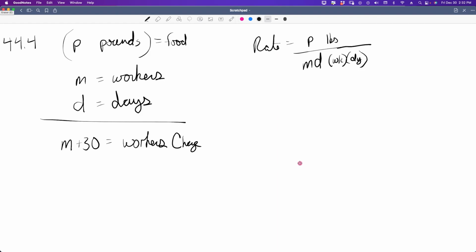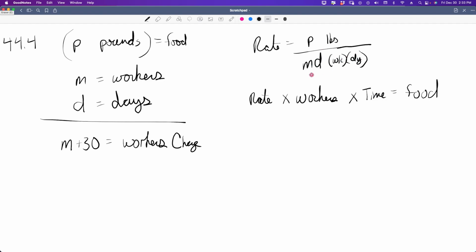So what would be our equation that we needed to use here? The rate of food that we have to have, times the number of workers, times the amount of time that they're there is going to equal how much food we need.